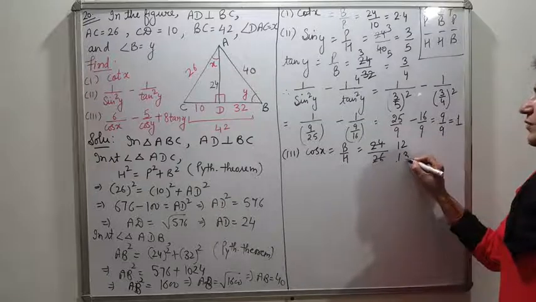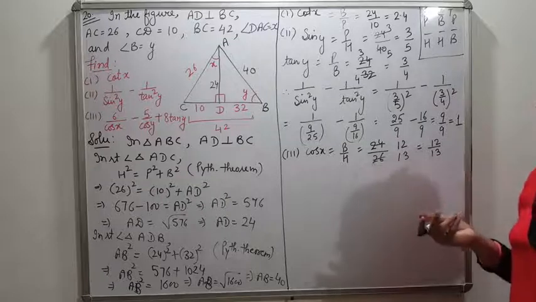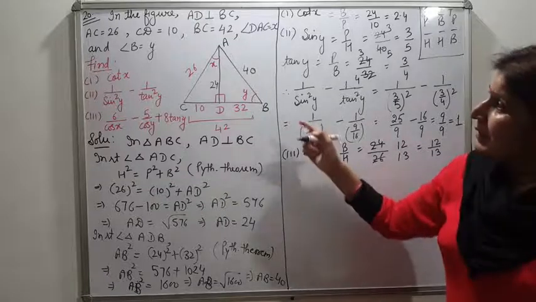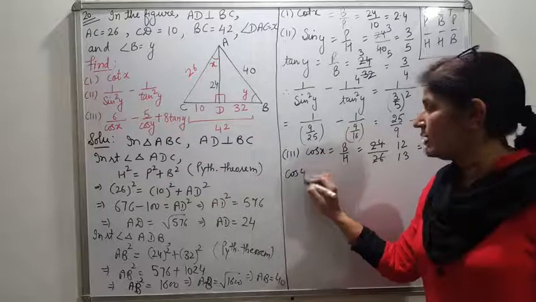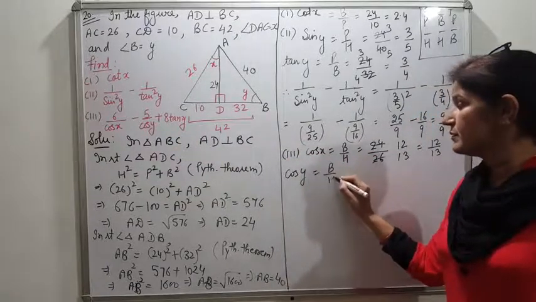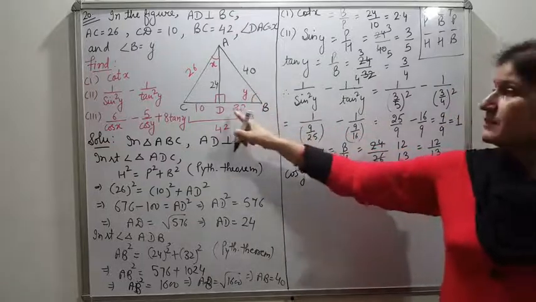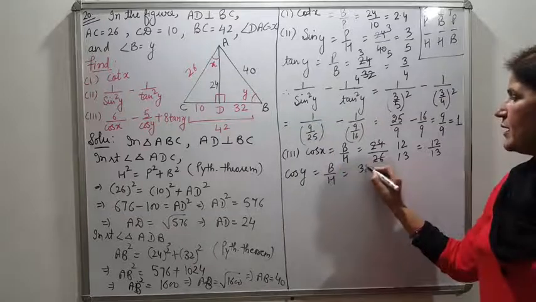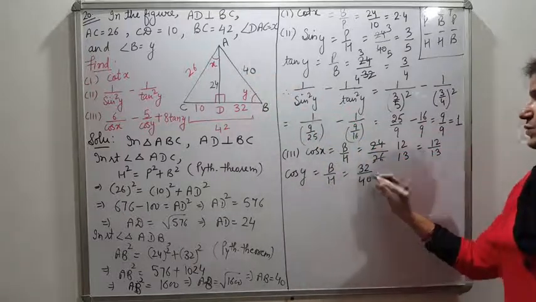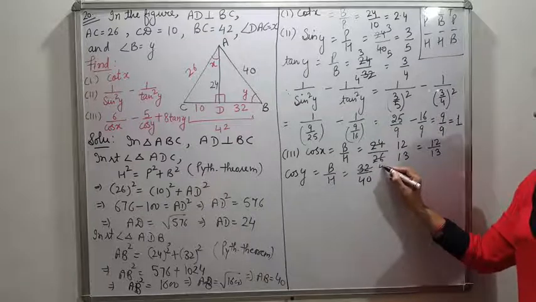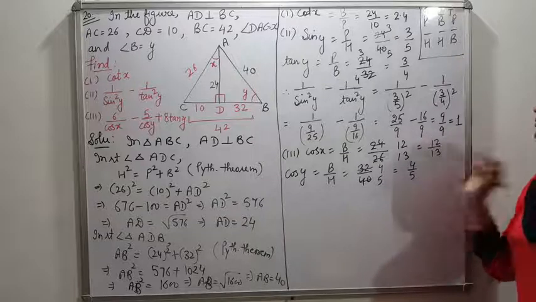It will come 12 over 13. Which table have we used here? Table of 2. I hope everybody knows, no? Now next one, cos y. The ratio is same, but we have to take another triangle here. Here in this triangle, base is 32 and hypotenuse is 40. So 8 4s are 32, 8 5s are 40. Our value is 4 over 5.